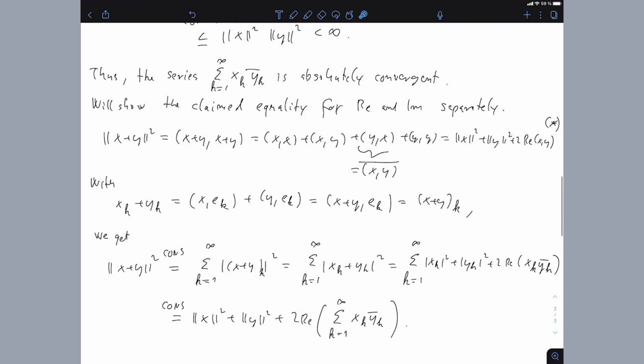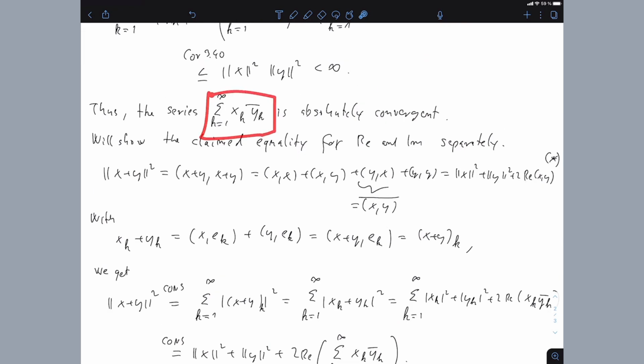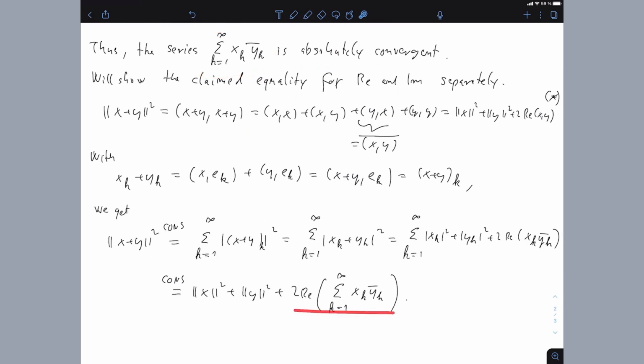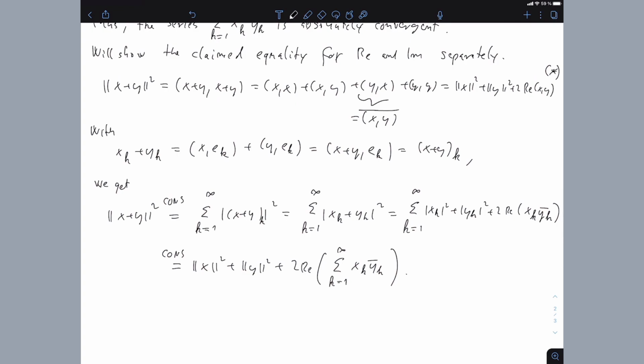This we showed before. So we have that this is absolutely convergent. So that shows that we have this. And from this, we can conclude that this series has to converge, since sums of converging series are also convergent series. Okay, and this means we are pretty much done.